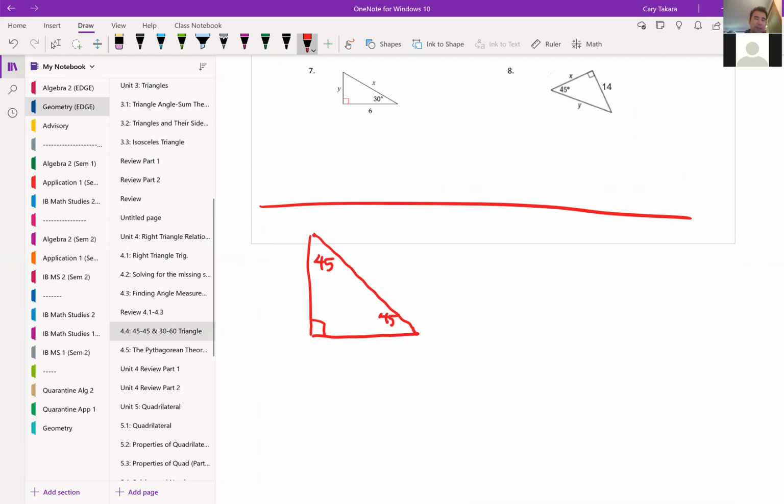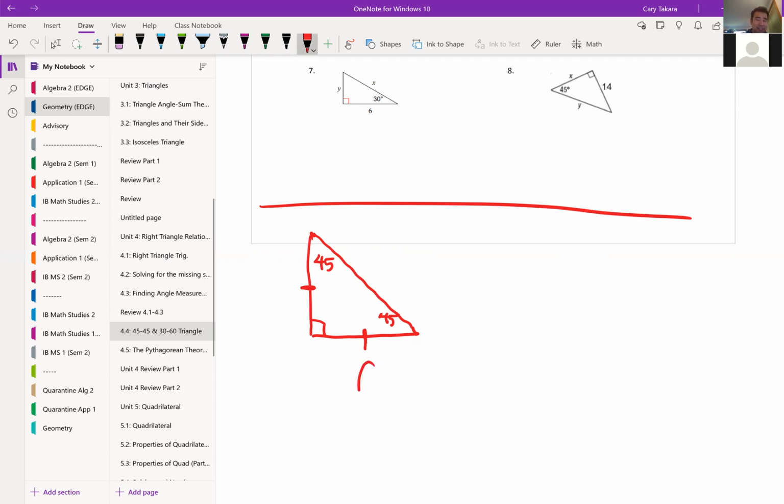Now, here we have a 45 degree right triangle, okay? There are two things that I want you to remember. One, the two legs, the two non-hypotenuse sides, which are this side and this side, they are the same, okay?